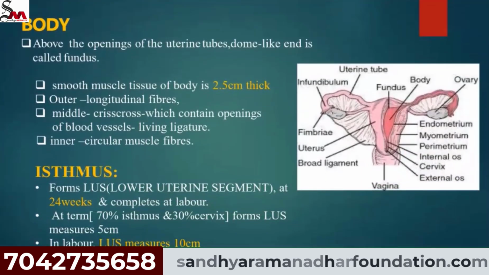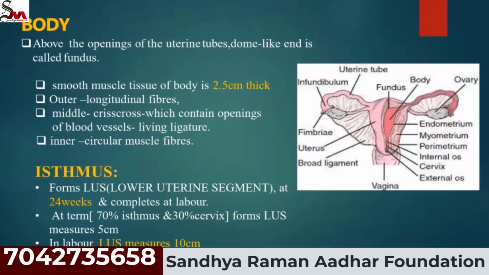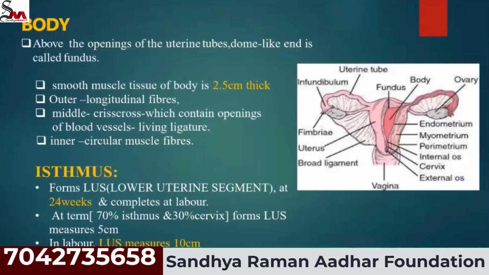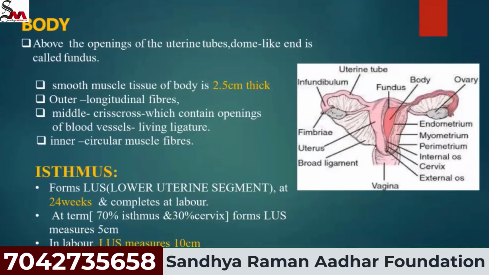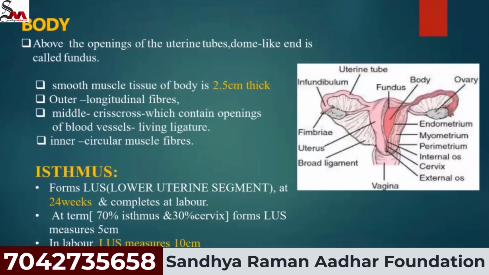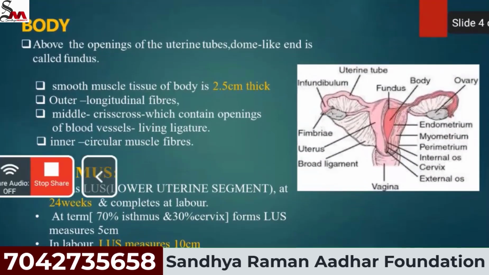Above the opening of the uterine tubes, the dome-like end is called the fundus. The smooth muscle tissue of the body is 2.5 centimeters thick, and it is surrounded on the outer side by longitudinal fibers. In the middle, it is crisscross, containing openings of blood vessels, the living ligatures, and the inner layer is circular muscular fibers. So this is all about the body.